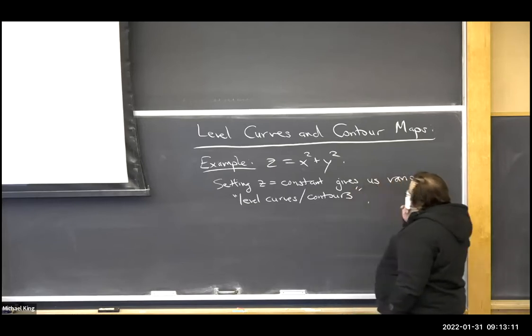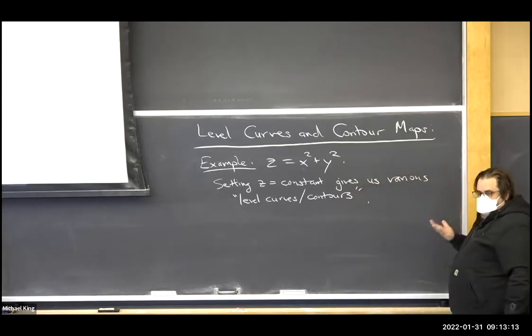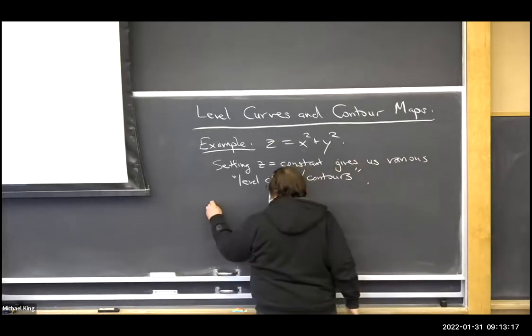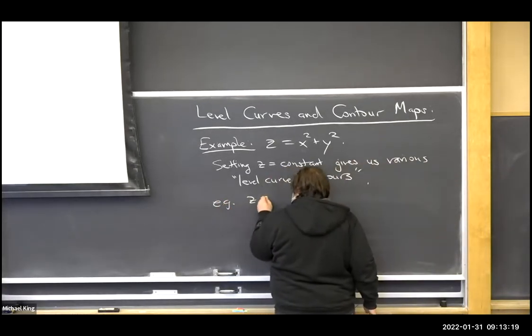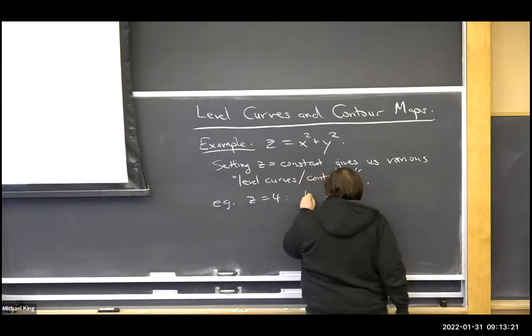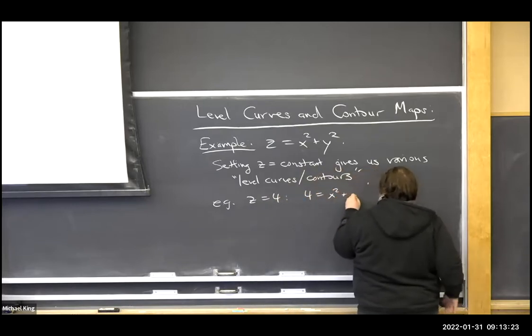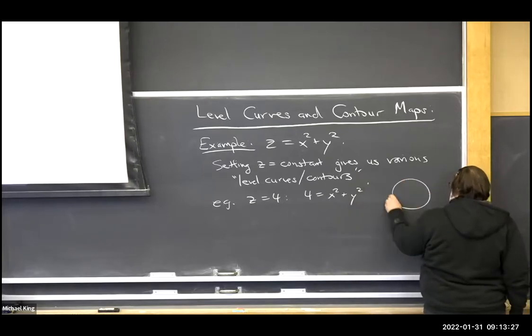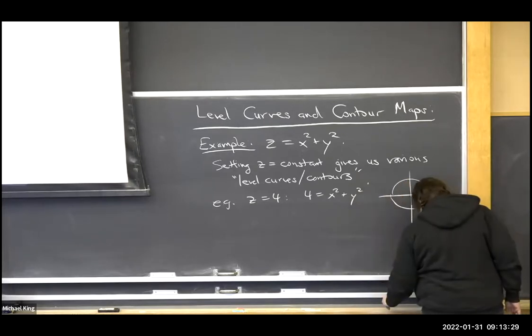Because now if we set z equal to a constant, we actually get an equation in x and y, right? So for example, if we set z equal to 4, we get 4 equals x squared plus y squared, which you can draw in the plane. It's a circle of radius 2.